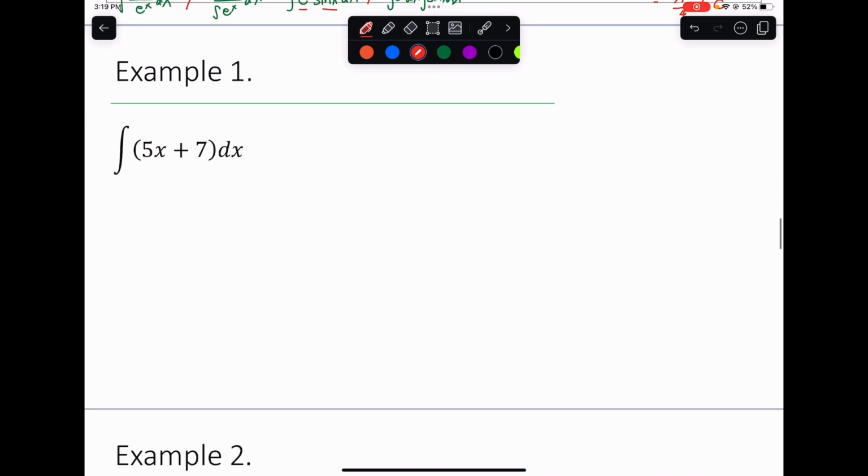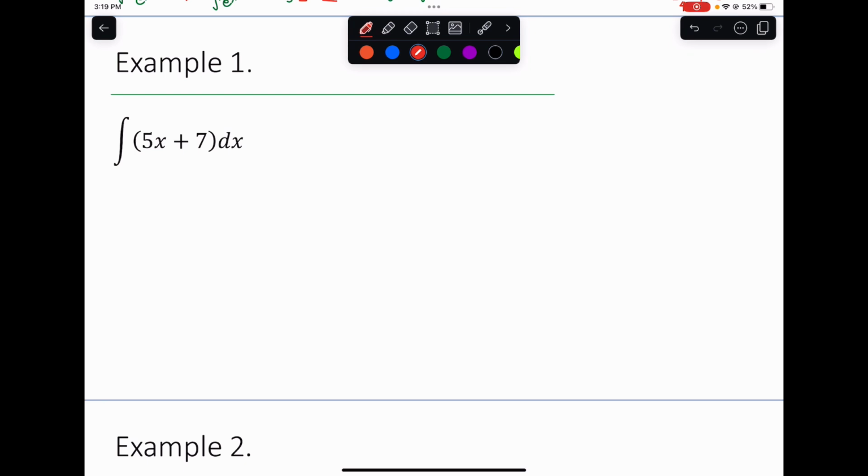For our first example, we will go through the different steps on what we are going to apply in finding the solution. Our integrand here: find the integral of 5x plus 7, multiplied with dx. As we can see, the given integrand is separated by a plus, so I can use the sum and difference rule.